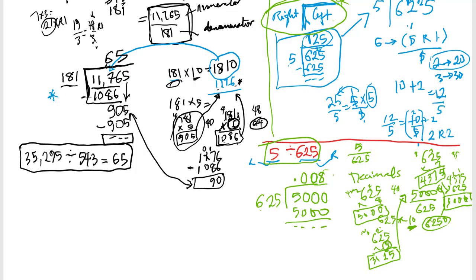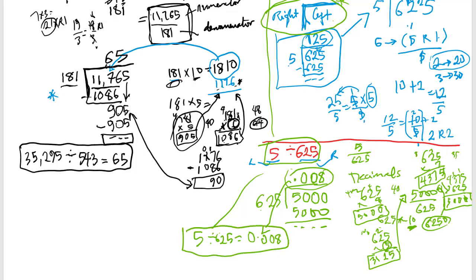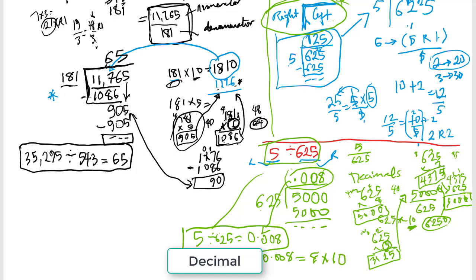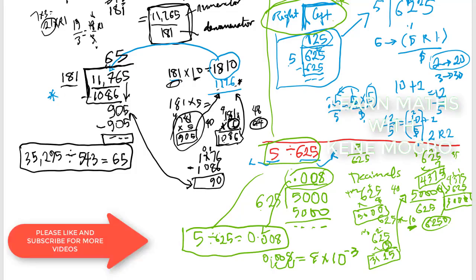So that is how to solve this question. So 5 divided by 625 must give you 0.008. 0.008 can be written as 8 times 10 raised to power minus 3, because we are going the negative way. 1, 2, 3.